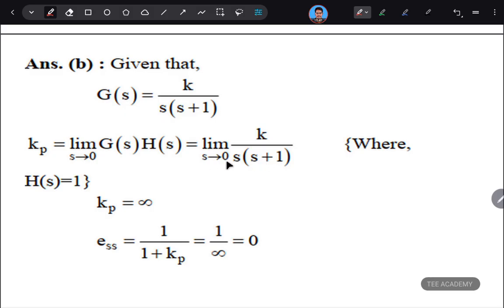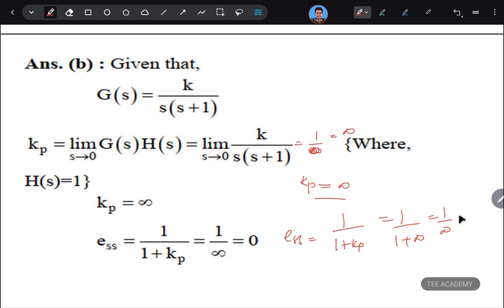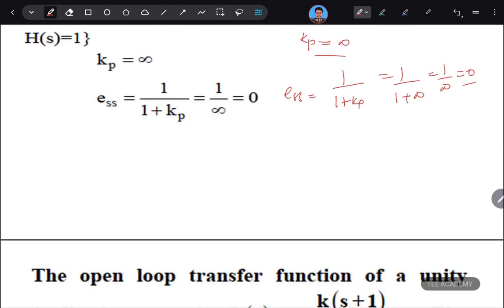When you substitute s equal to 0, this will be 1 by 0, and 1 by 0 is going to be infinity. So the Kp value is infinity here. After that, the steady state error ess is nothing but 1 by 1 plus Kp, which is equal to 1 by 1 plus infinity. Infinity plus 1 is infinity, so 1 by infinity is going to be 0. So the answer is 0. Move to the next question.